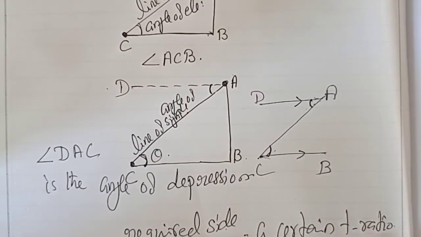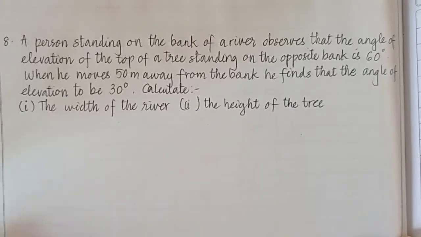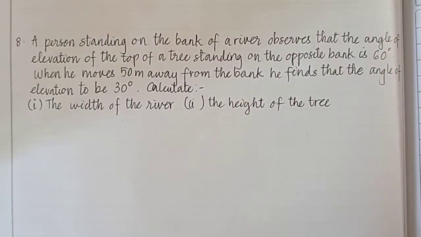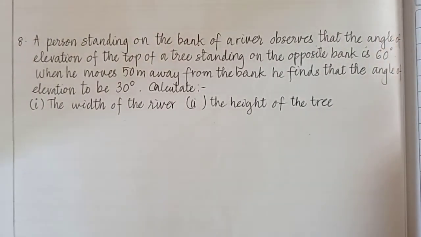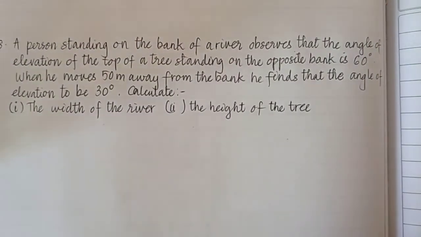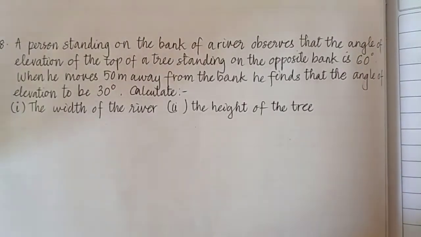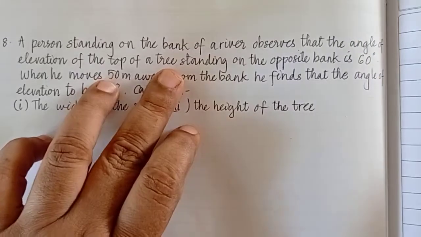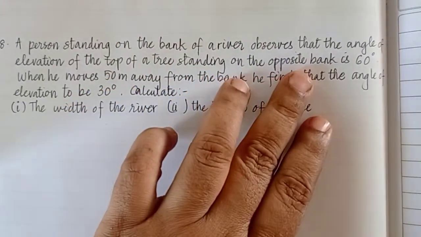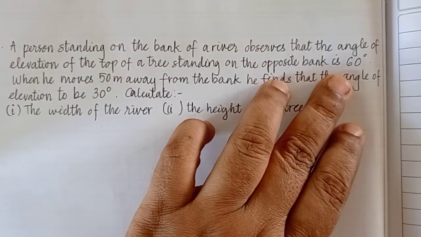Okay, now write one question from that. All of you write. Next question, I will read the question. A person standing on the bank of a river observes the angle of elevation of the top of the tree standing on the opposite bank is 60 degree.